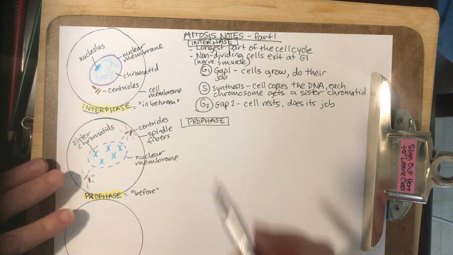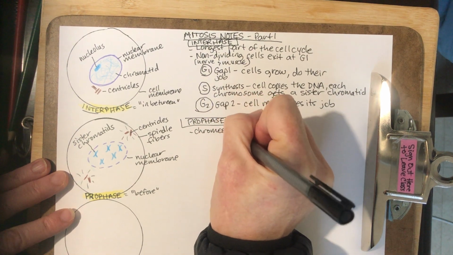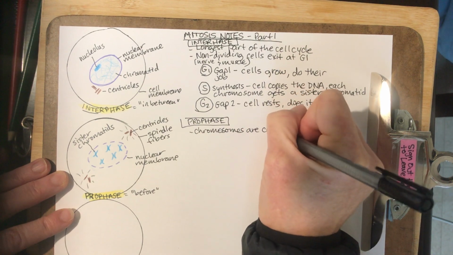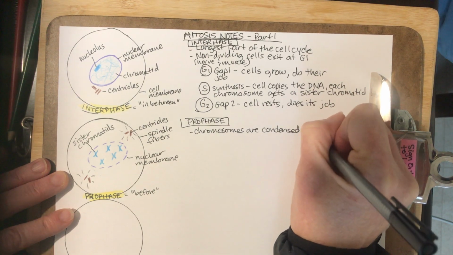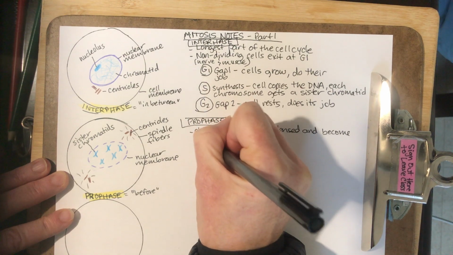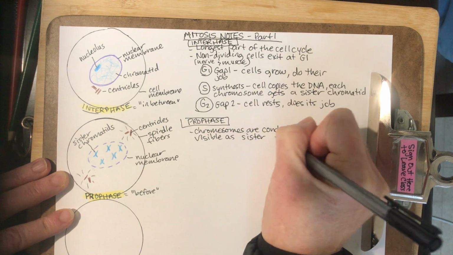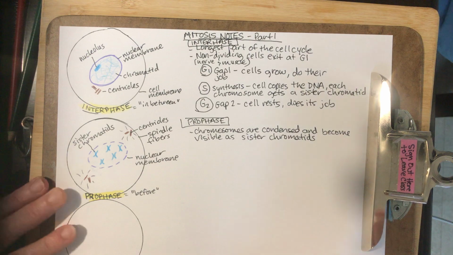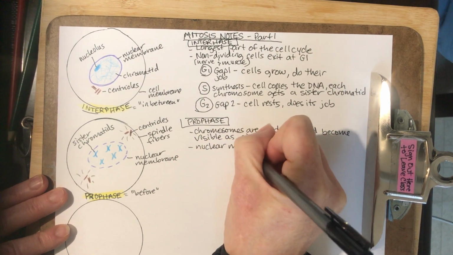Okay, prophase, the chromosomes are condensed and become visible as sister chromatids. The nuclear membrane breaks down.